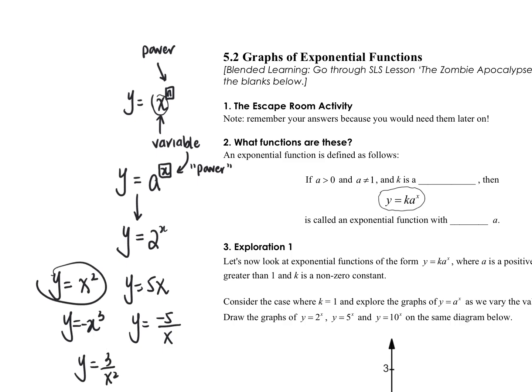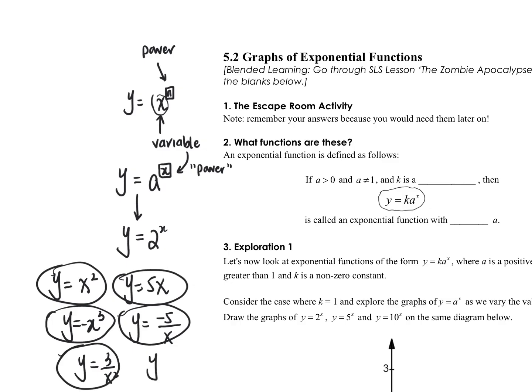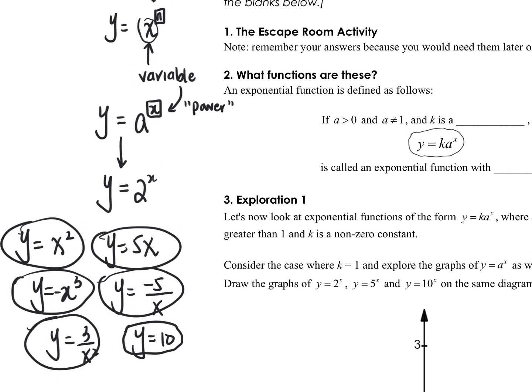So the 6 types of graph: the straight line, the quadratic, the cubic, the odd power function, the reciprocal function, and the even power reciprocal function.